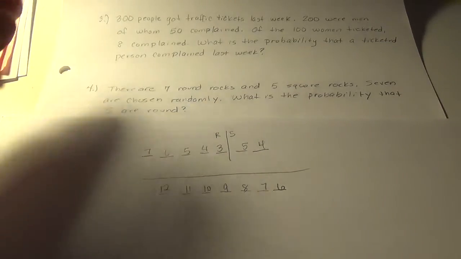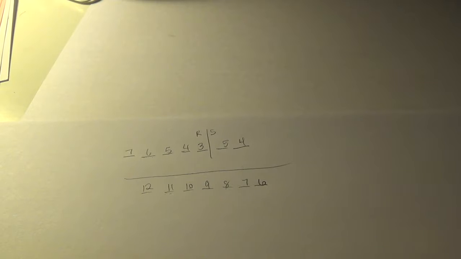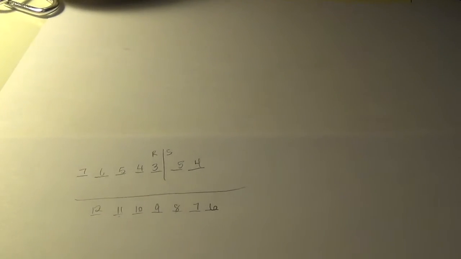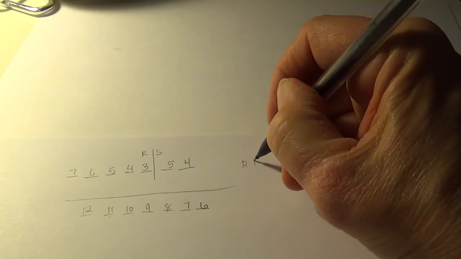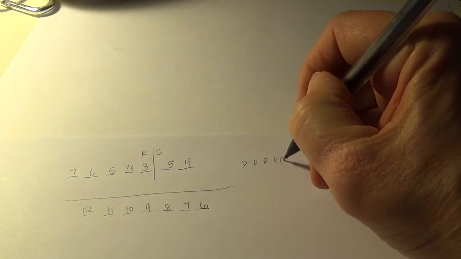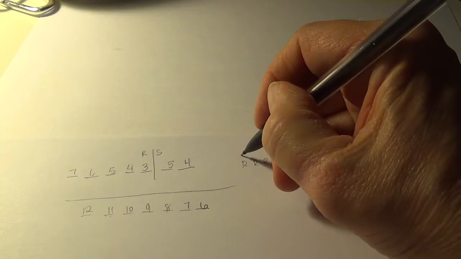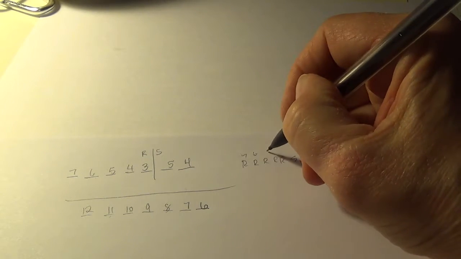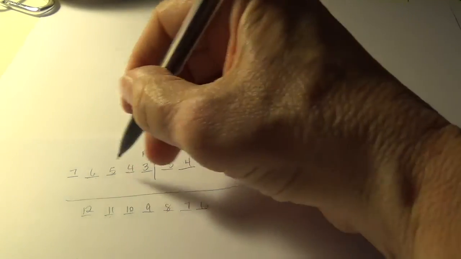However, that's only part of the story. As we recall how these work, it turns out this is just one arrangement of this. So suppose I had this one, round, round, round, round, round, square, square. That's what this represents. So the numbers would be 7, 6, 5, 4, 3, and then 5, 4, like indicated.